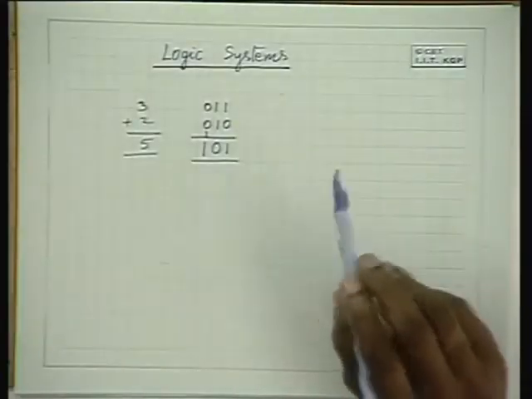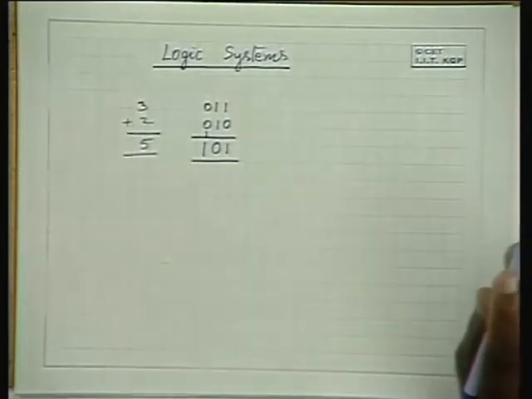So, it may not be able to distinguish various voltage levels, but logically it may be able to distinguish certain voltage levels like positive, negative, 5 volts, 0 volts, of that type. Subsequently, you will see how this kind of binary addition can be done in electronic circuits.